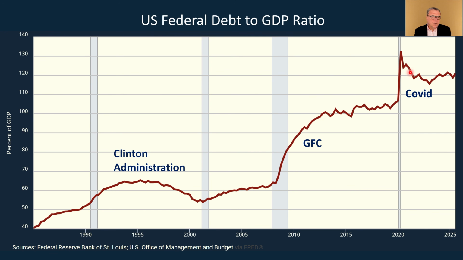And then it surged again in COVID. Some of this got inflated away because the big burst of inflation in COVID increased nominal GDP, but it didn't increase the level of federal debt. It's also true that some of this debt is the US owing money to itself, but nonetheless, the part that's not owed to itself is still over 100% of GDP and going to 200% of GDP by 2055.